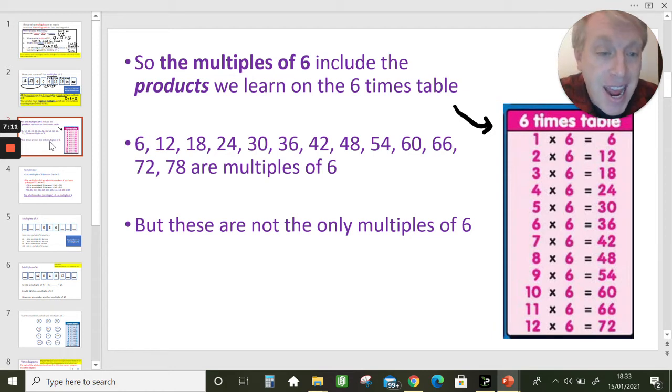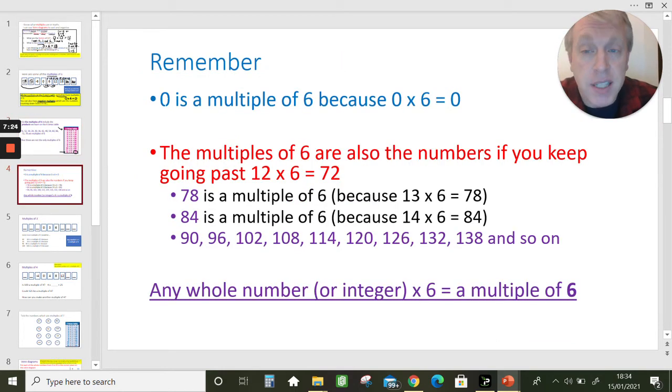But it doesn't stop here. 72 is not the last of the multiples of 6. Remember, 0 is a multiple of 6, and also the multiples of 6 never stop going.